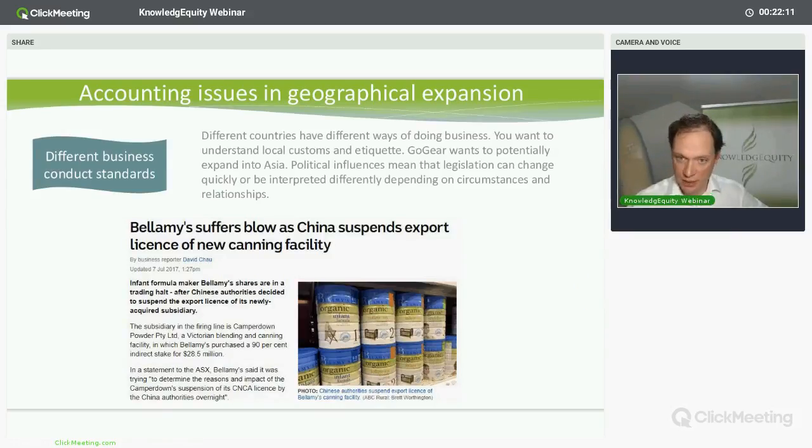As an example, Bellamy's, massive blow they suffered when China just went, no, your license is suspended. Okay, they've built a new canning facility and they're ready to go. Now the share price got slammed, and if you bought it at the bottom, if you took the risk going, well, China will eventually let them back in. They will do all the negotiations they have to get back in. Then you did very well because they boom back up.